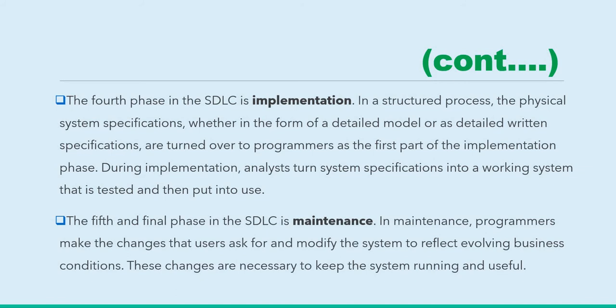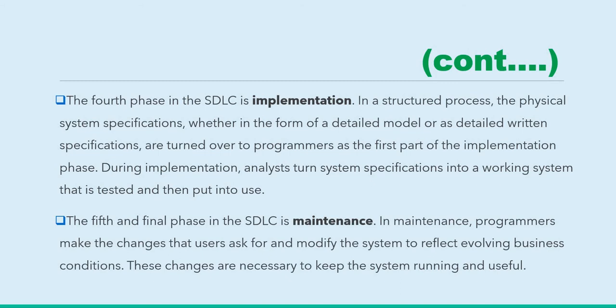The fifth and final phase in the SDLC is maintenance. In maintenance, programmers make the changes that users ask for and modify the system to reflect evolving business conditions. These changes are necessary to keep the system running and useful. Right? The final phase of the SDLC here is maintenance.